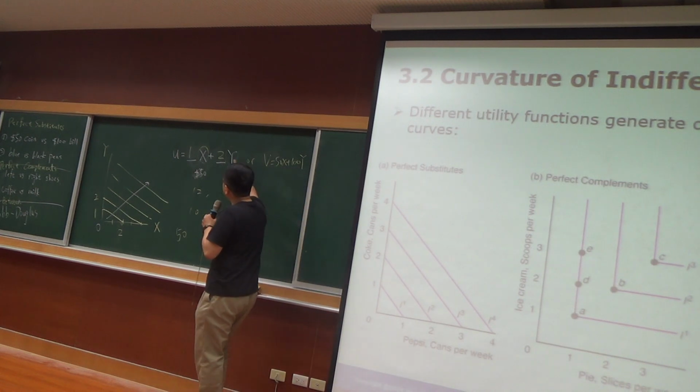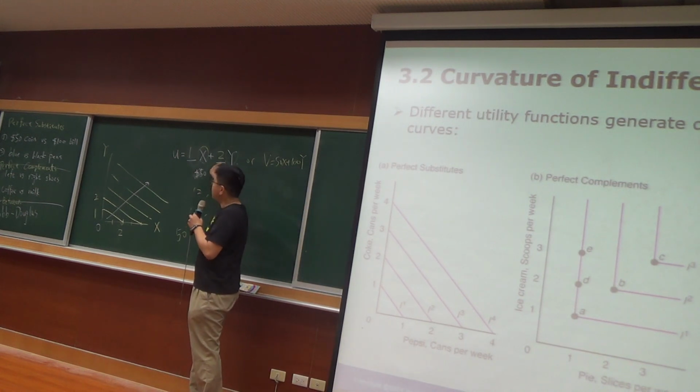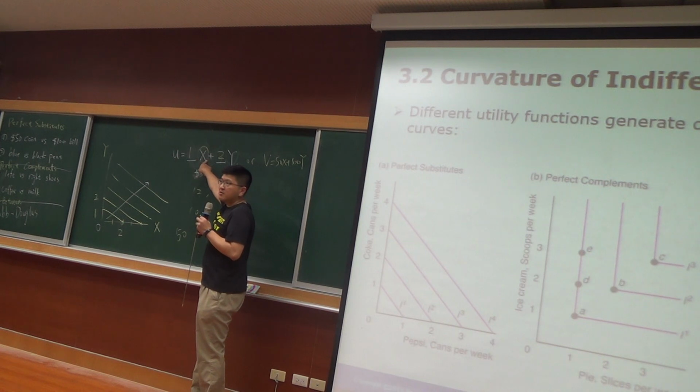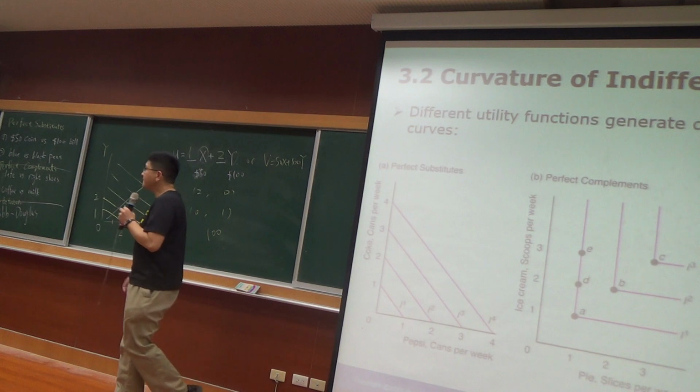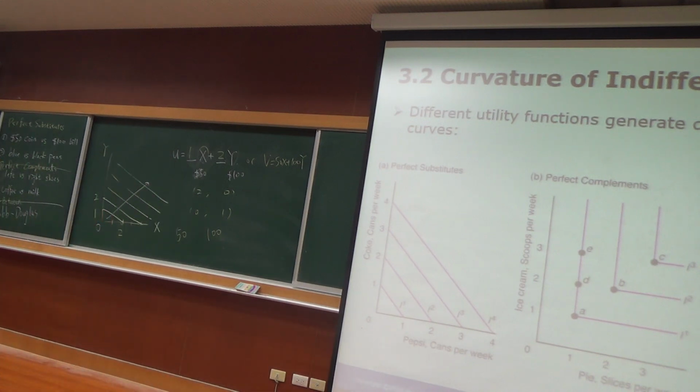The value of the bill is twice the value of the coin. Is that clear? What does the value mean? Utility value.